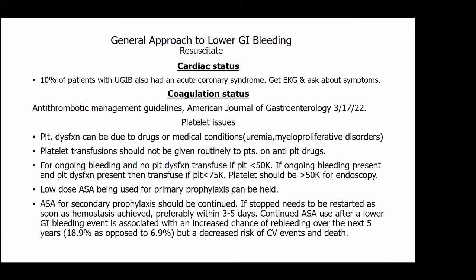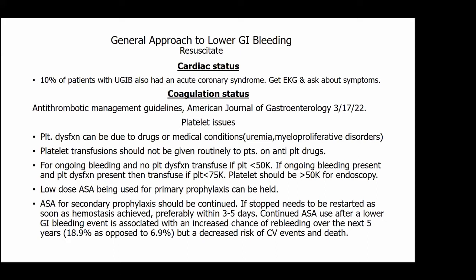Low-dose aspirin that's being used for primary prophylaxis can be held. However, if aspirin is being given for secondary prophylaxis, that should be continued. And if it's stopped for some reason, it needs to be restarted as soon as hemostasis is achieved, preferably within 3 to 5 days.